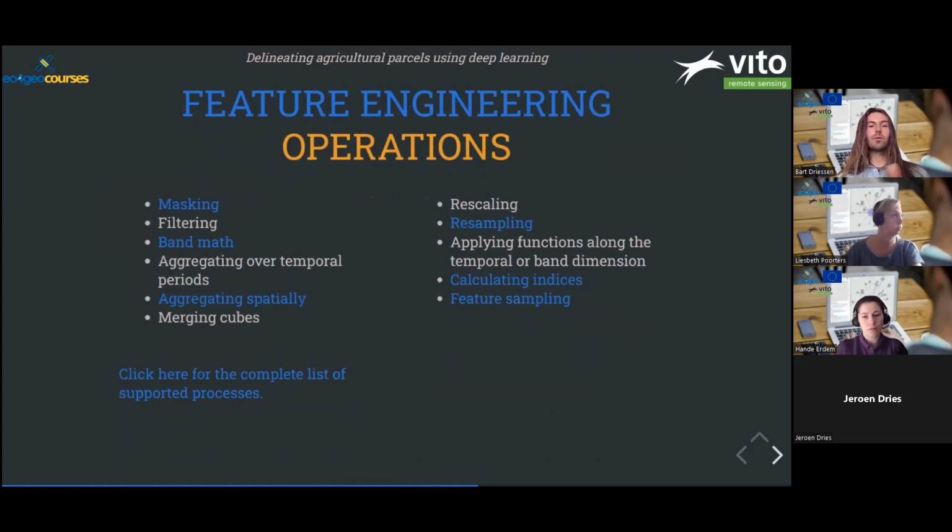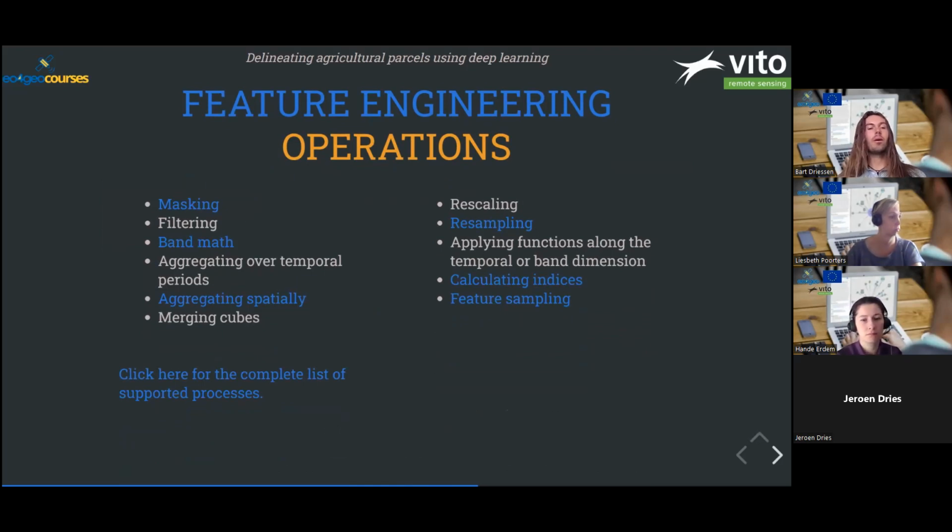So first of all, with respect to pre-processing, you can mask your data, for example, applying different cloud masks to your collections. You can filter your data, like filter on bands, filter in the temporal dimension, filter the spatial dimension onto different areas that you're really interested in. You can do band math, so you can calculate a number of indices.